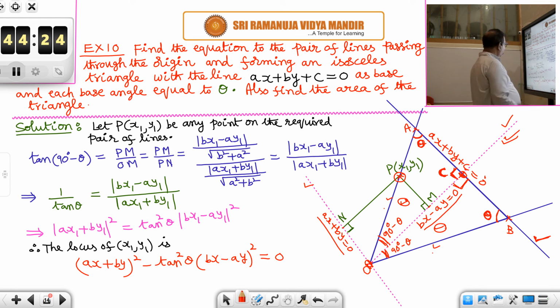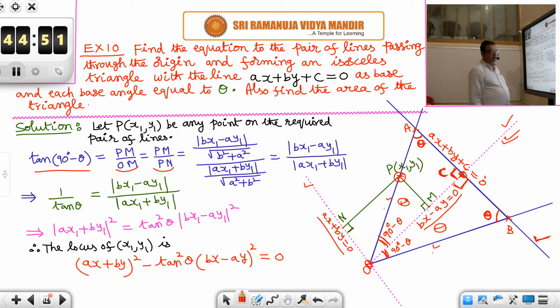Now consider tan(90 minus theta) from this triangle OPM. Tan(90 minus theta) is PM by OM. But OM is equal to PN, because OMPN is a rectangle. So here OM is replaced by PN.